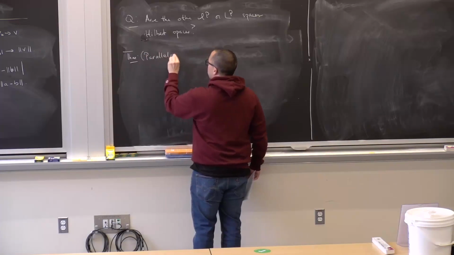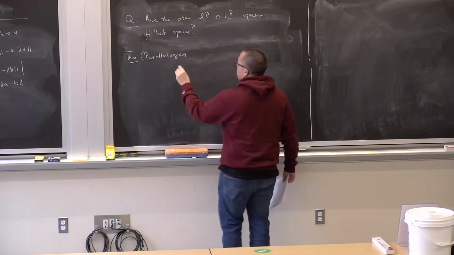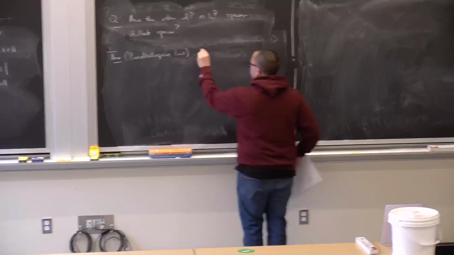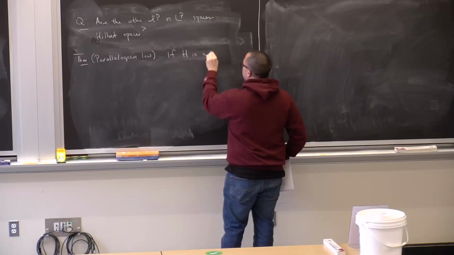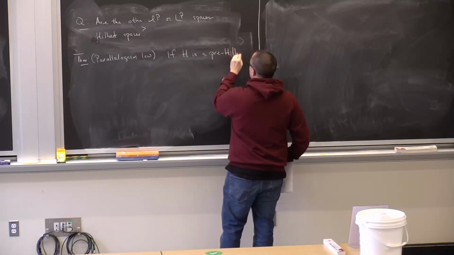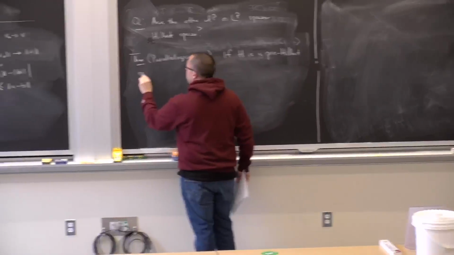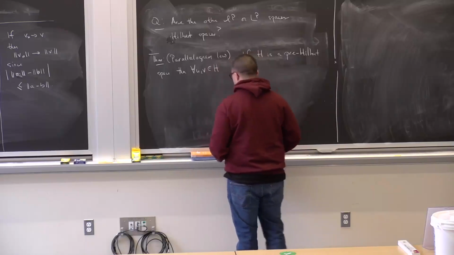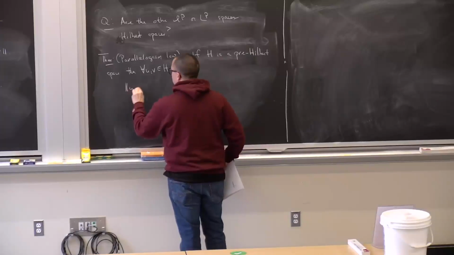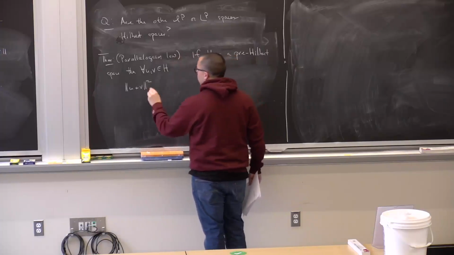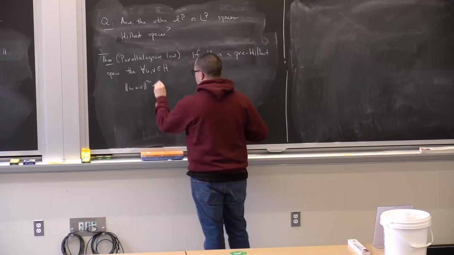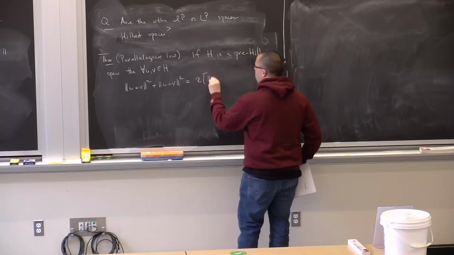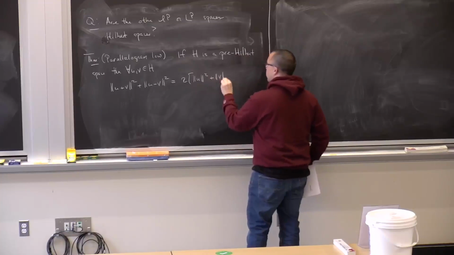This is the following parallelogram law, which is the following: if H is a pre-Hilbert space, then for all u and v in H, if I take the norm of u plus v squared and I add the norm of u minus v squared, this is equal to twice the norm of u squared plus the norm of v squared, right?